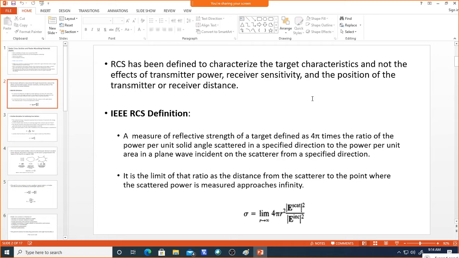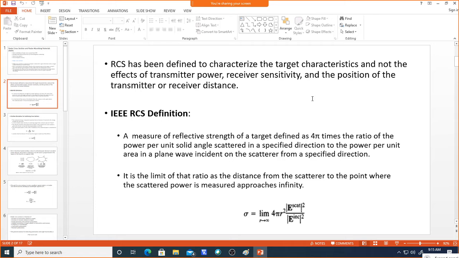For example, if you are designing your radar system, it should have very little RCS, because it should not be visible to others. There are many methods to reduce the RCS. One method is absorption, which we will discuss: whatever power is incident on our radar system is absorbed and not reflected back, so the other party cannot find our radar system.